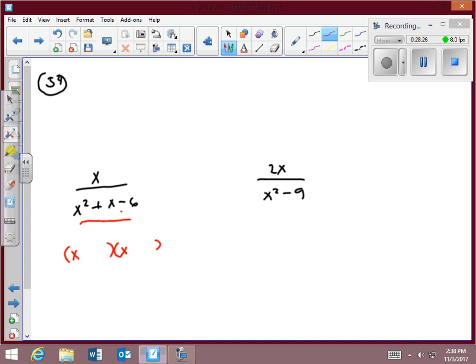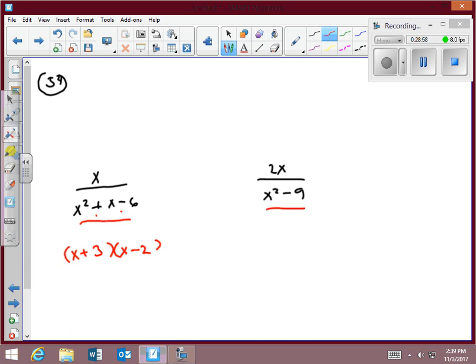What does this tell us? Opposite signs. Now, two numbers whose product is 6 and whose difference is 1. 2 and 3. Now, which one's positive? The 2 or the 3? The 3 is positive, because the larger one has to be positive to get that positive. Now, notice that trinomial is prime factored, right?